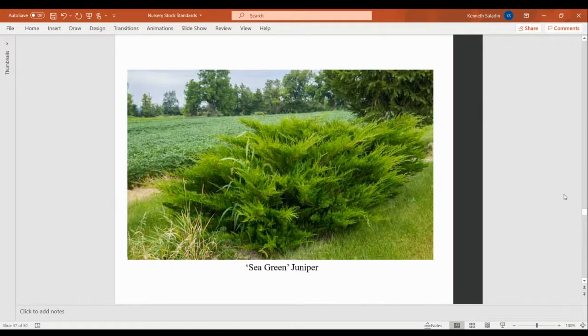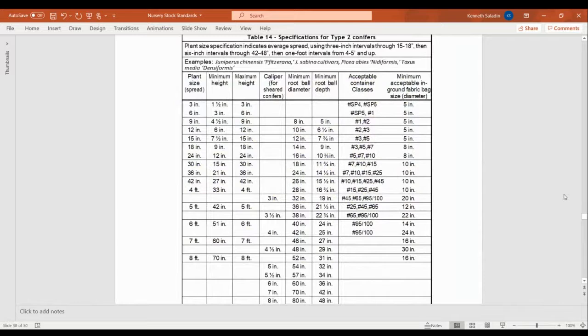This one is a juniper called sea green juniper, and it would also be graded by its spread rather than its height.